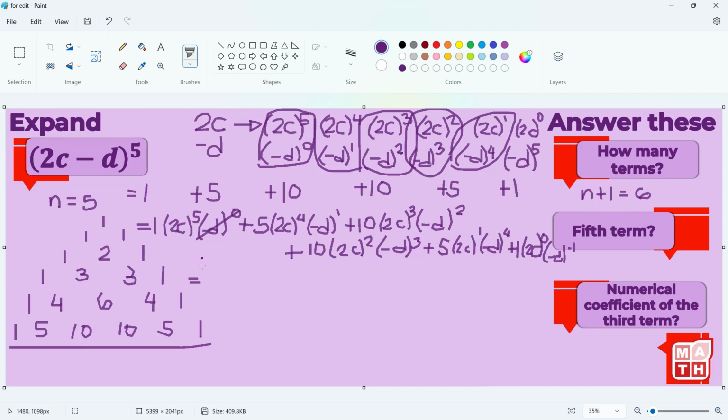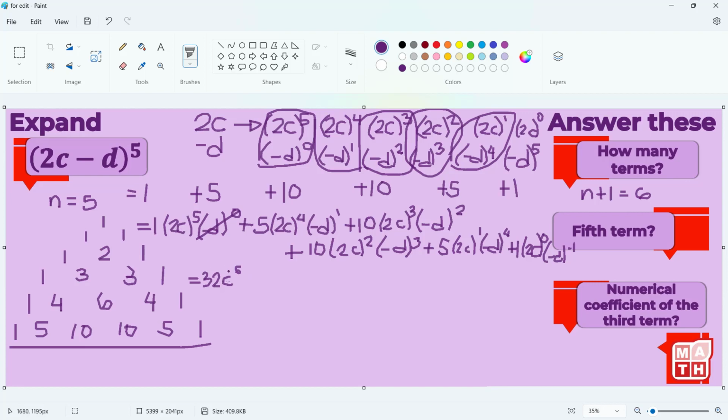So you have 2c. Let's have it like this at first. 2c to the power of 5. And you have here plus 5. Or we could just simply do it like this. We have 2 to the power of 5 distributed at 1. You have 32c to the power of 5, right?